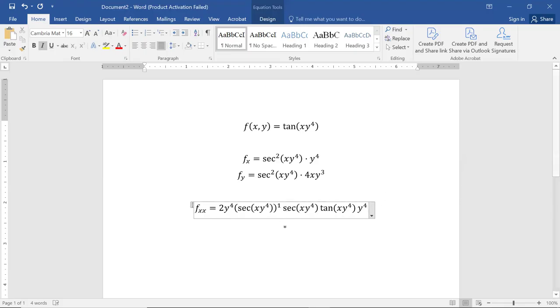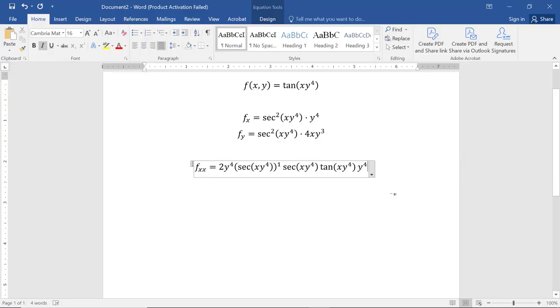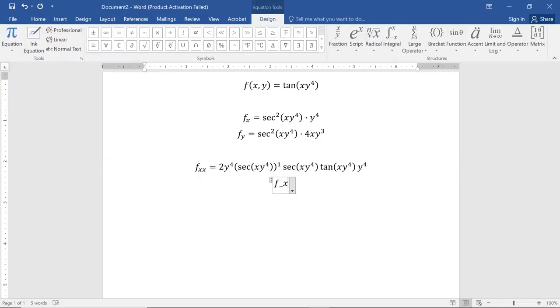Now, if you want to clean this up and rewrite this, you can make it look a little bit nicer. For f sub xx, you'll notice that the y to the fourth and the y to the fourth can be multiplied and give you 2y to the eighth up front. We have here a secant x y to the fourth, another secant x y to the fourth.